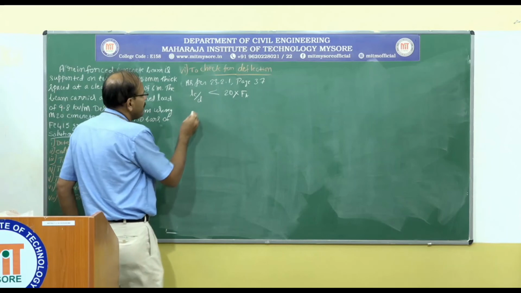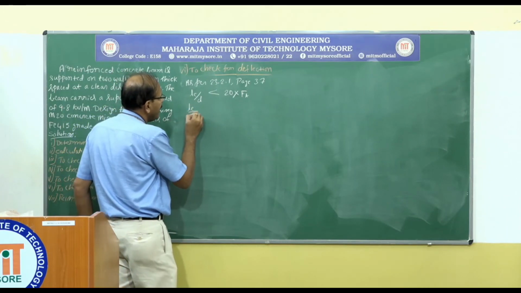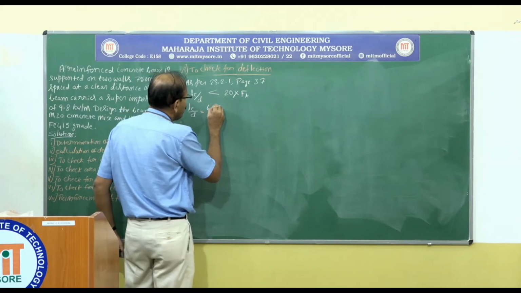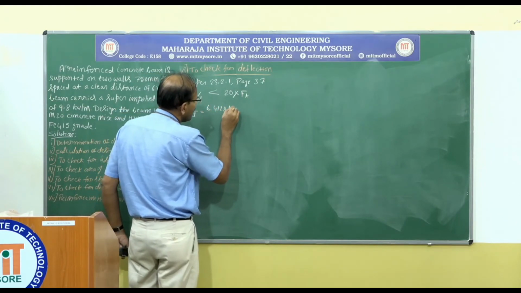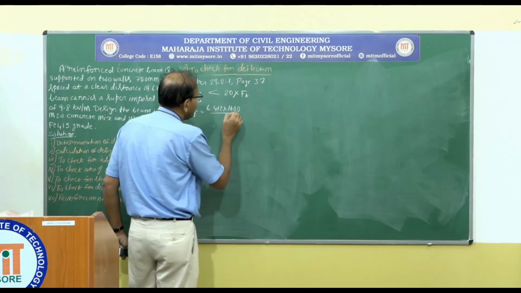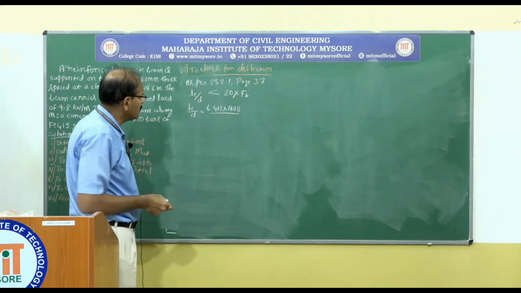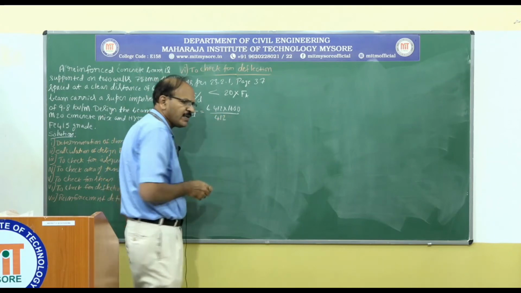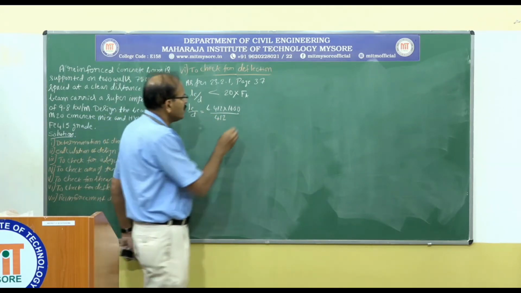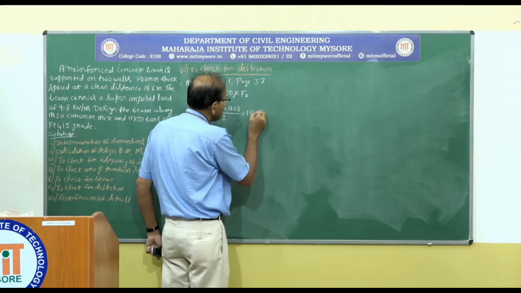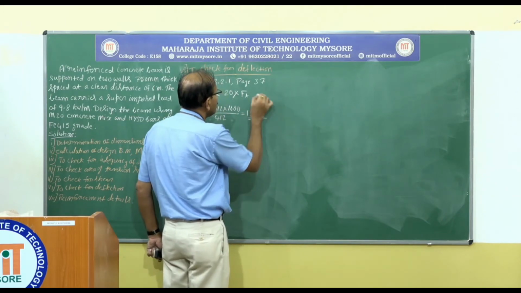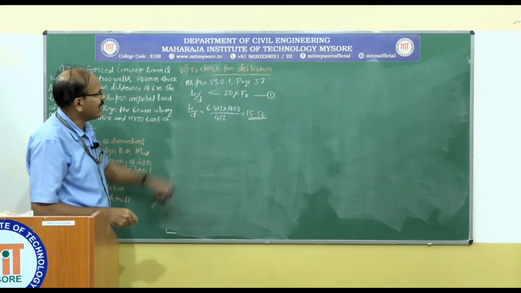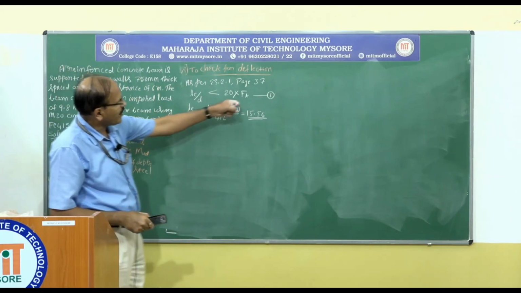So what is Le by D? Le is 6.412, the effective span, multiplied by 1000, so it is in millimeter, and 412 is the effective depth provided. So that is equal to 15.56. I am going to call this equation 1. So Le by D is calculated. What is the next step?